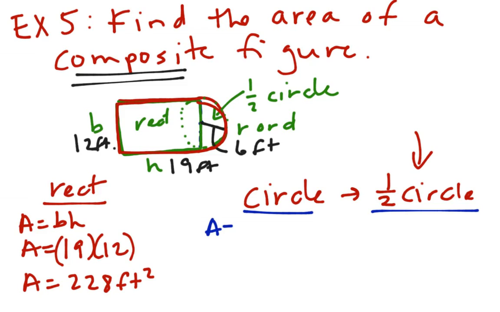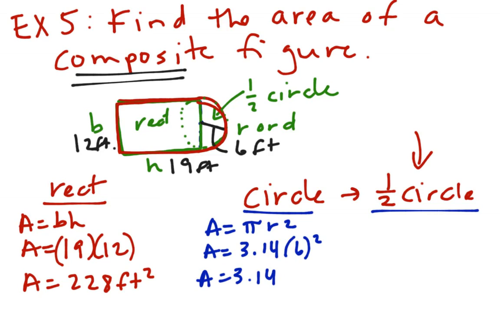So circle area equals pi r squared. So area equals 3.14 times 6 squared. 6 is my radius. So area equals 3.14 times 36. If you do that on a calculator, you get 56.52 feet squared. But remember, that is my whole circle.